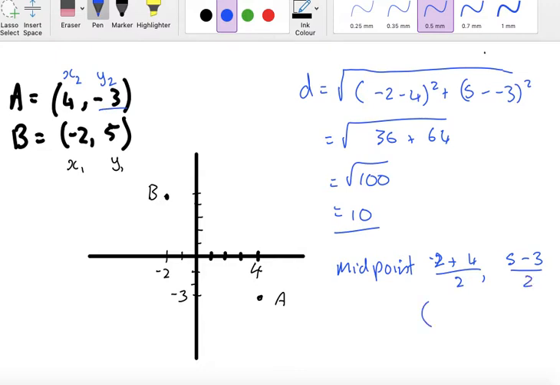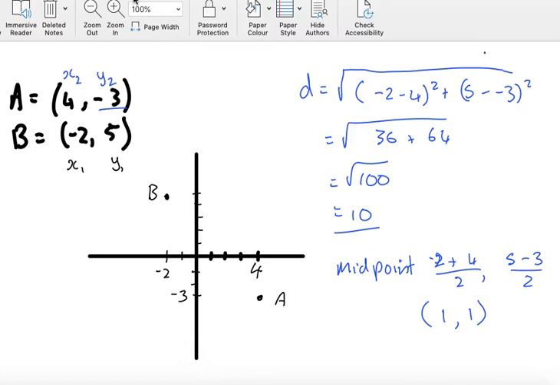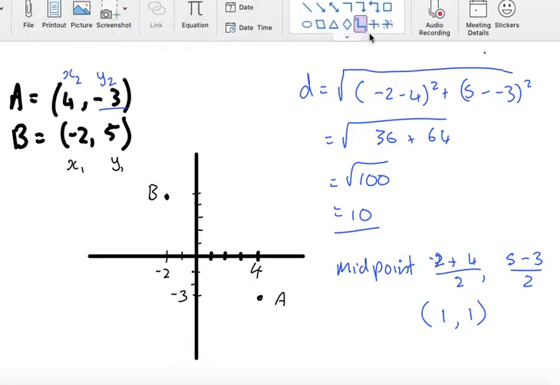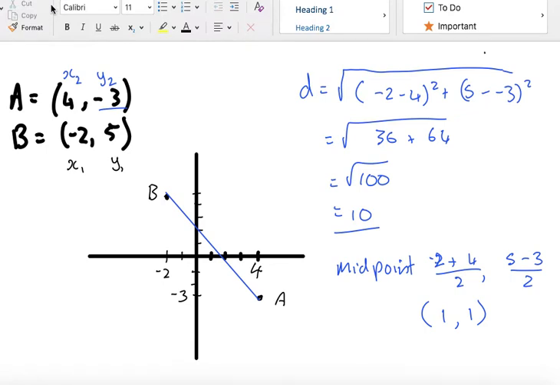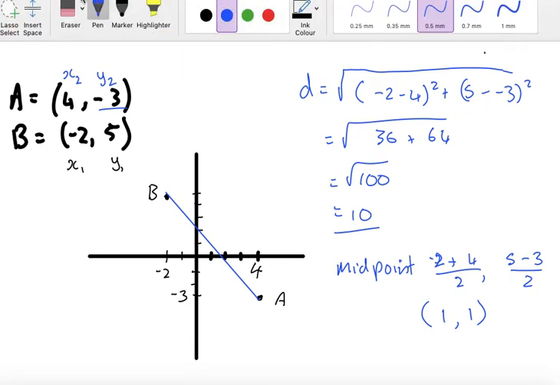That gives us the point (1, 1). So that's the midpoint. If I draw the line in, we can see that (1, 1) would be about the midpoint. Although this is only a sketch, I can see that the point (1, 1) would be about the midpoint. Right, so we should know it's got it right.